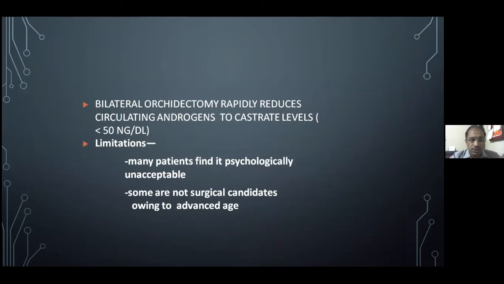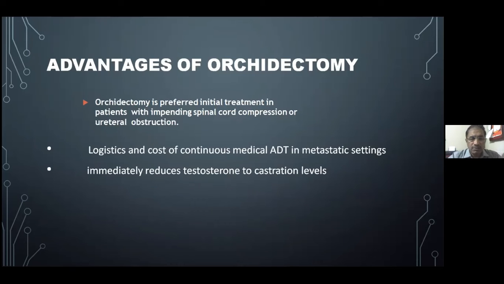If we do this surgery, then the androgen comes to castrate level within a very short period of time. Many patients find it psychologically unacceptable. That's one of the limitations. And apart from that, some patients are not surgical candidates owing to advanced stage. So these are some of the limitations of surgical castration.